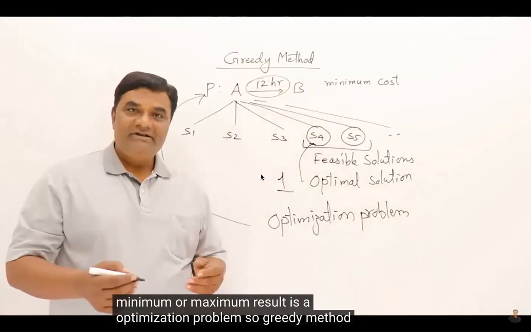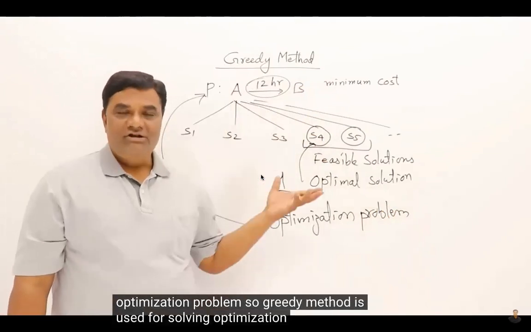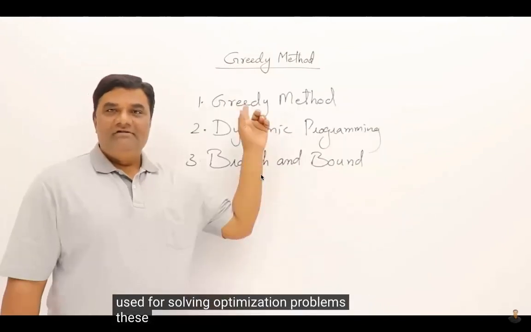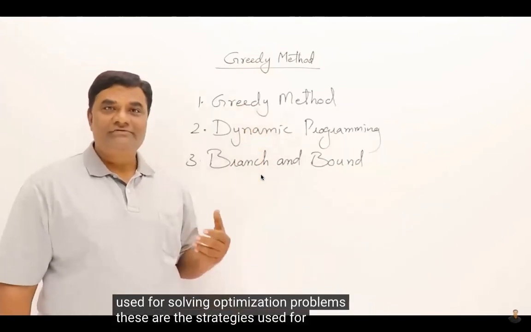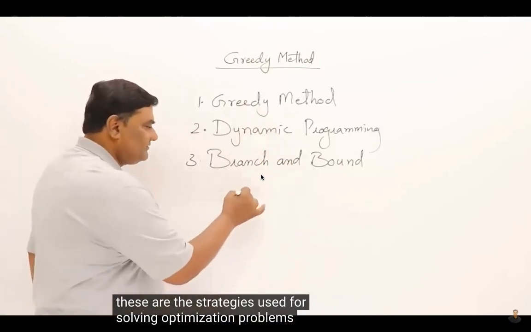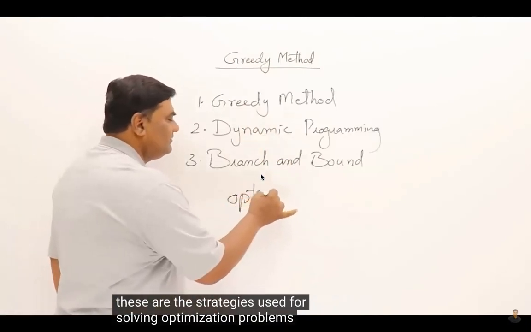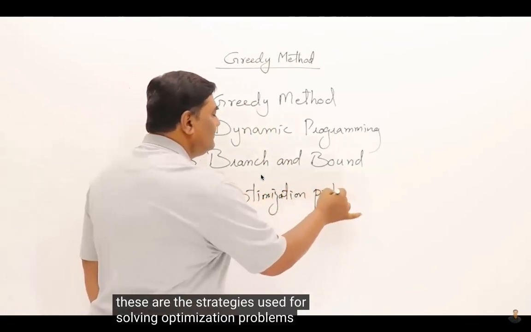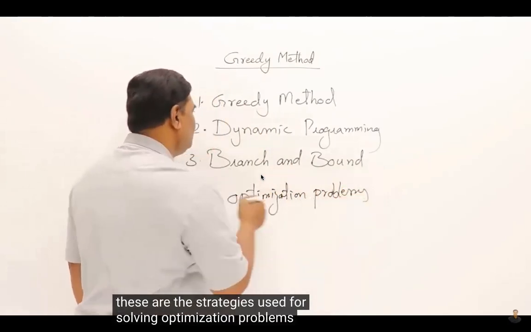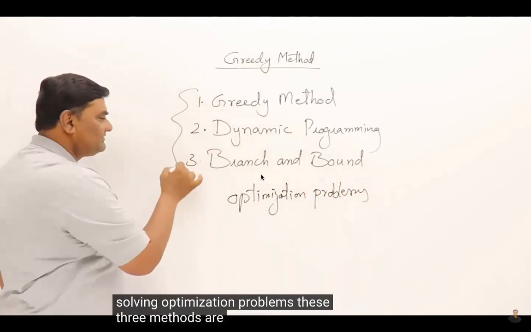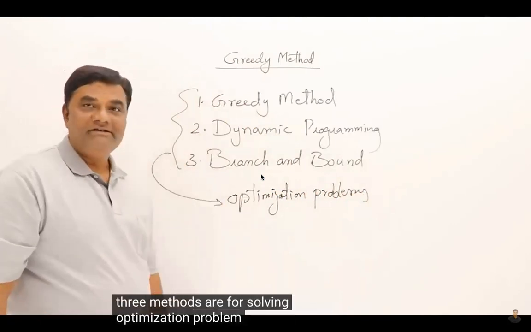So greedy method is used for solving optimization problems. These are the strategies used for solving optimization problems. These three methods are for solving optimization problems.